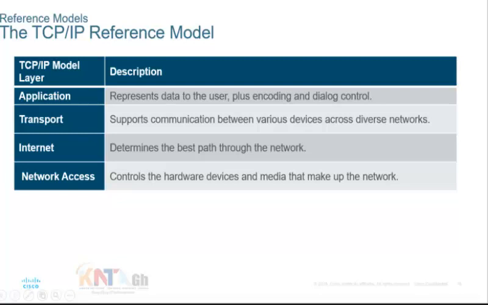So the application layer of the TCP/IP model represents data to the user plus encoding and dialog control. And then the transport layer supports communication between various devices across diverse networks. Then the internet layer determines the best path through the network. And then the network access layer controls the hardware devices and media that make up the network.